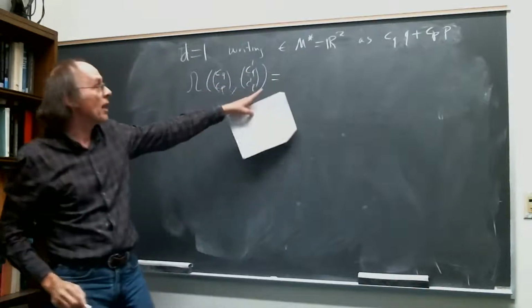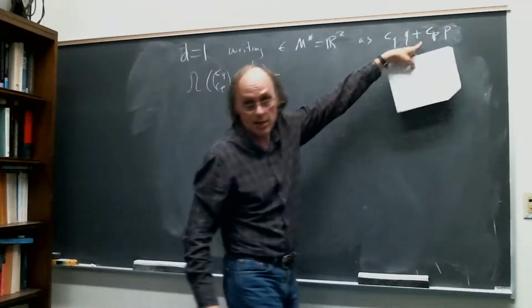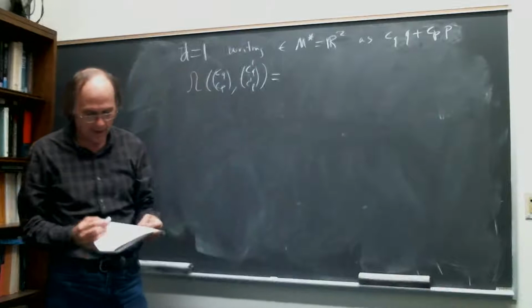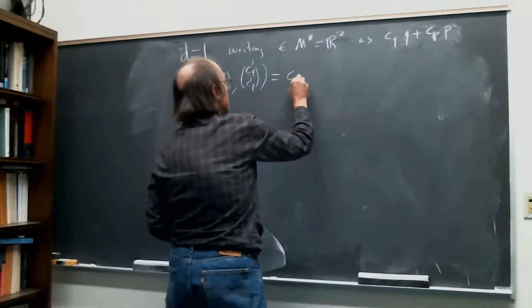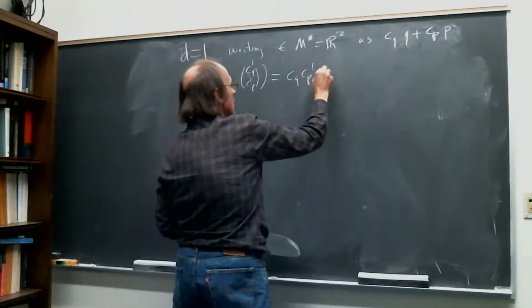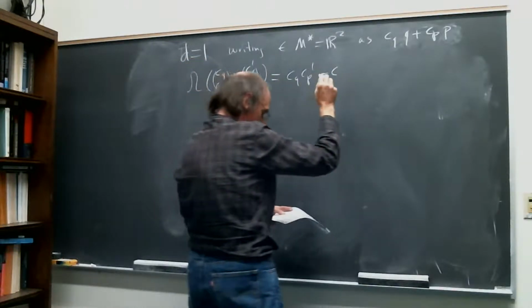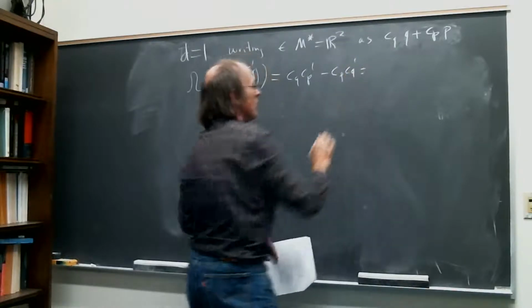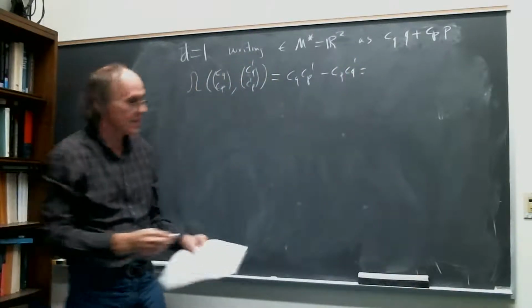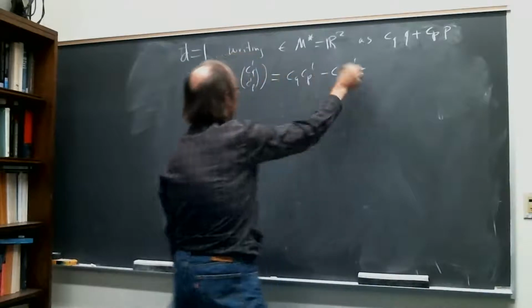If you use the Poisson bracket relations between two of these, then you find that the answer you get is CQ CP prime minus CQ prime CP, which you could also, if you like, write out as a bilinear form.